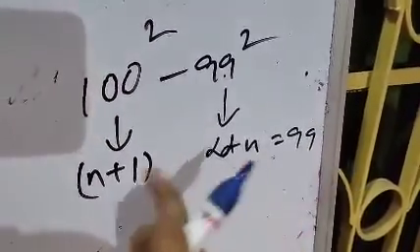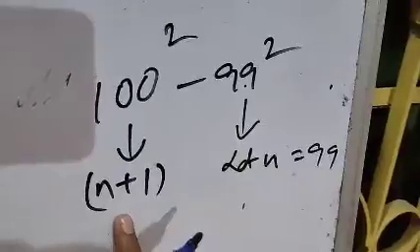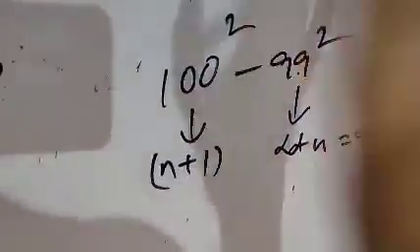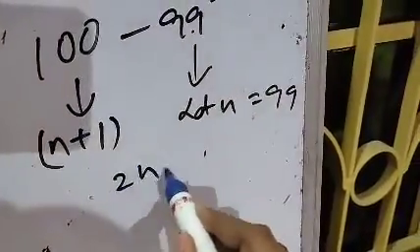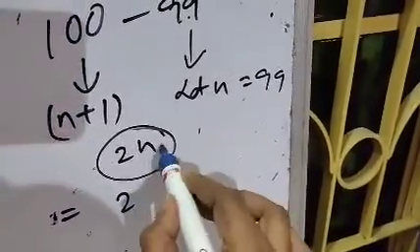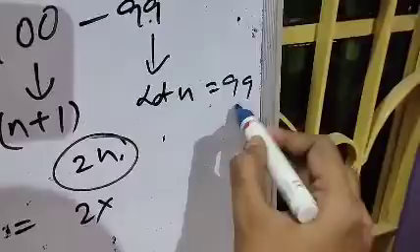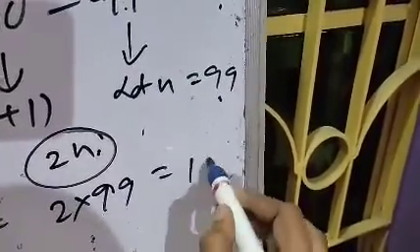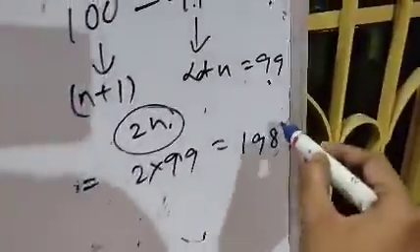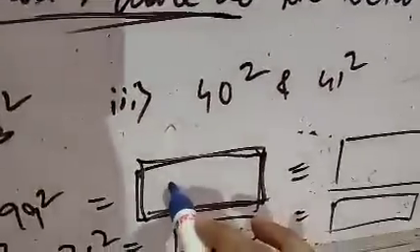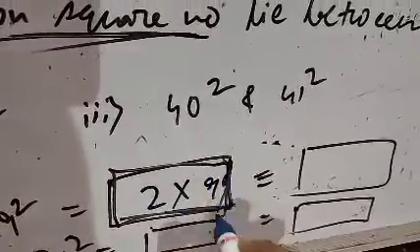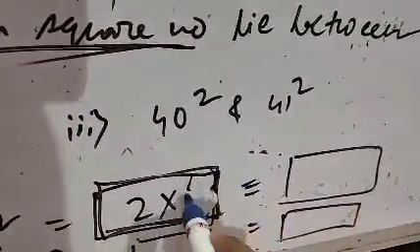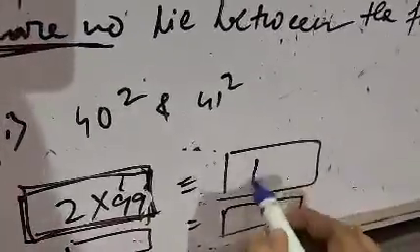Between the squares of n and n plus 1, that is, between the squares of two consecutive numbers, there are 2n non-square numbers. So this is the formula: the value of n is 99, 2 into 99, and your answer will be 198. So we will write here in the blank 2 into 99, your answer will be 198.